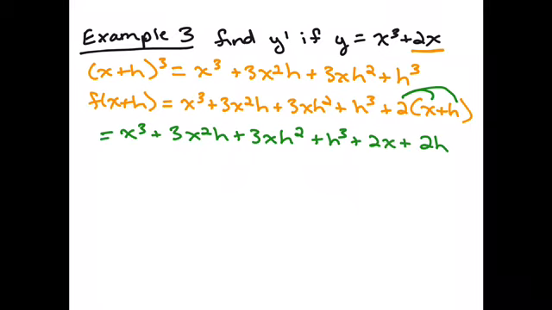All right, so all I did there was find f of x plus h. Now we'll plug it into the difference quotient. So basically the derivative before I take the limit. And I get all of that.